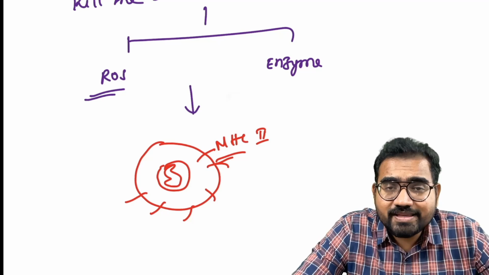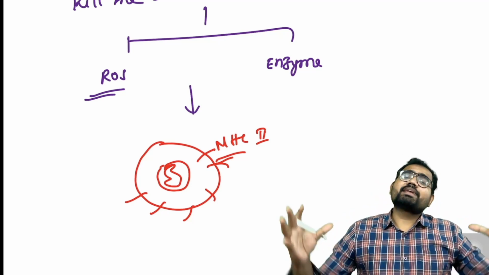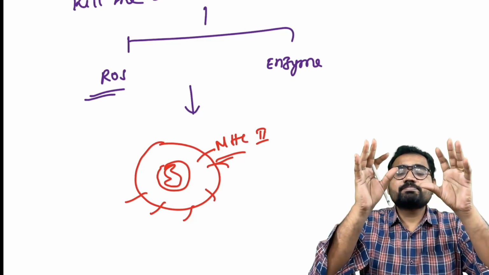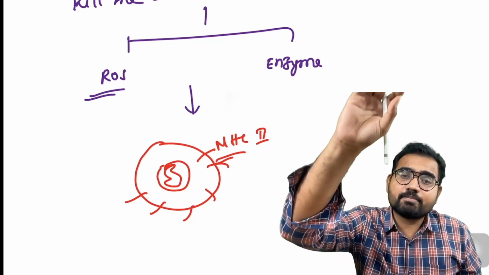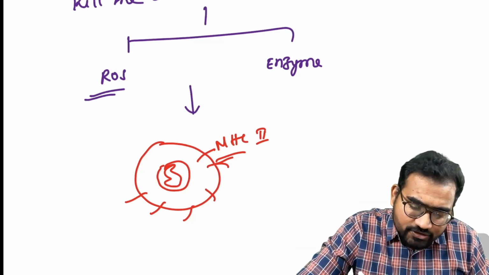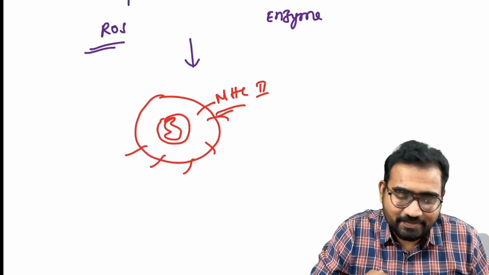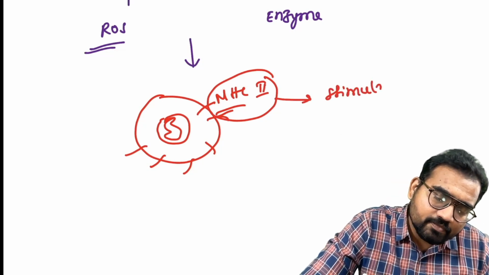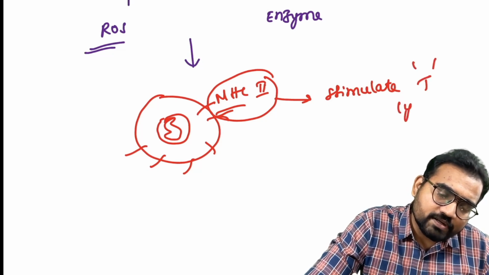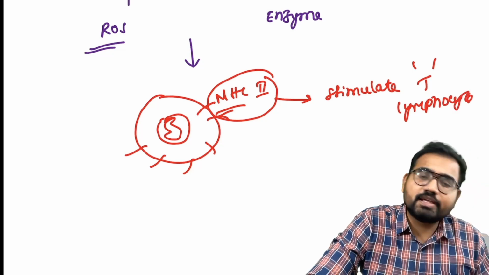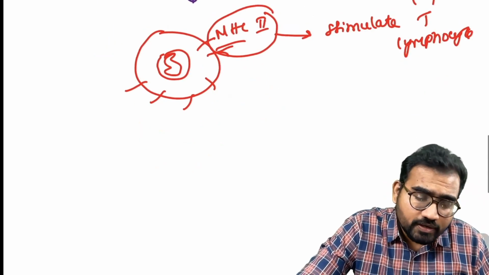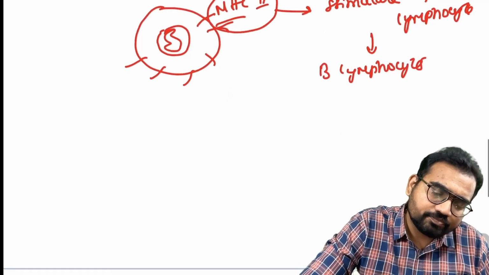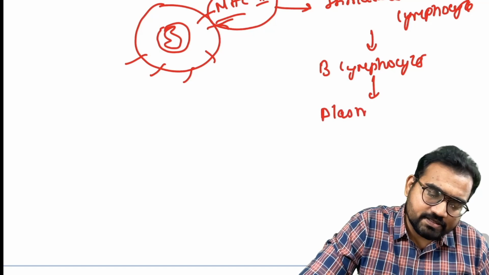What is the function of this MHC2 complex? Very simple. It is going to stimulate the T lymphocyte. What is the T lymphocyte going to do? It is going to stimulate the B lymphocyte, and that is going to stimulate plasma and memory cells.